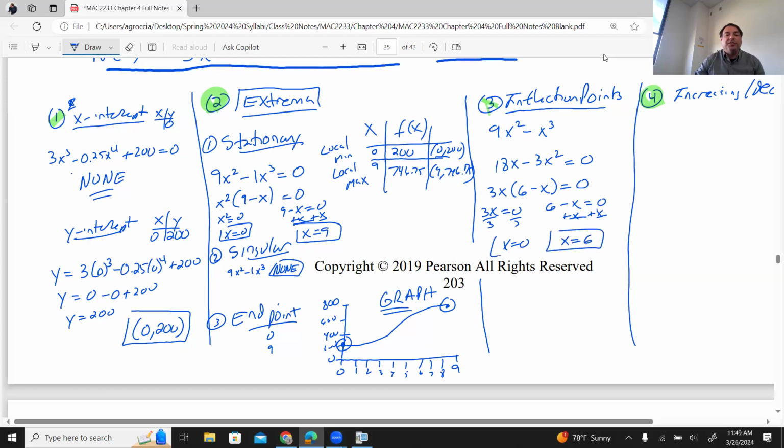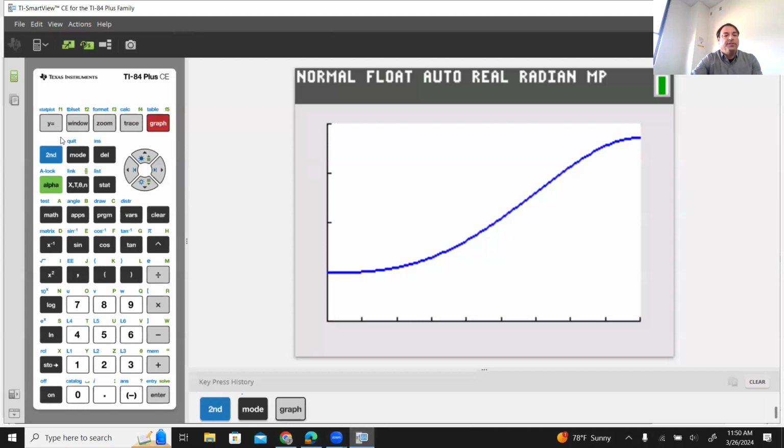So it shows that we have two inflection points where it changes from concave up to concave down. But remember, we're looking for inflection points, so my final answer needs to be 0 comma something and 6 comma something. Okay, so we go to the table, second graph.